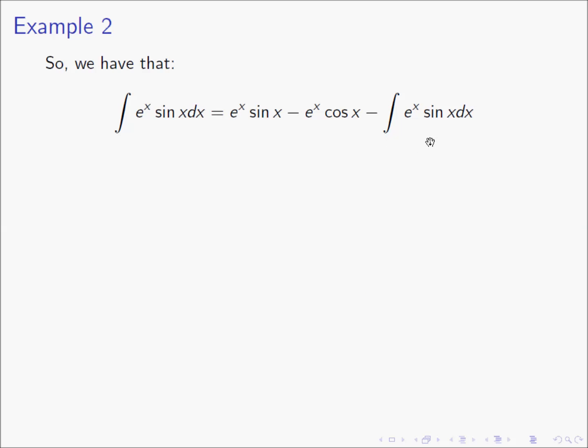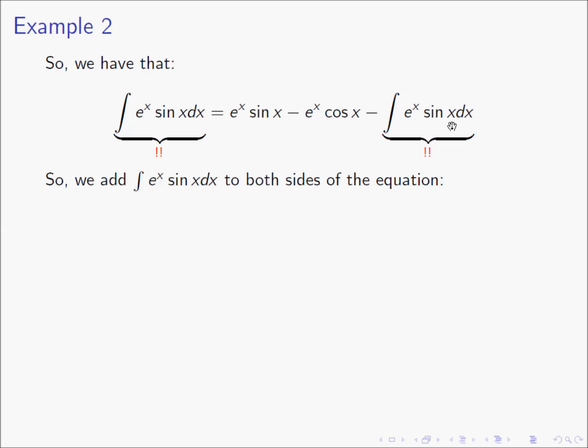Here we have another integral again, but here we can observe that these two integrals are the same integral. They are the same integral, the integral of e to the x times sine of x. So we can treat them as a number, as in algebra, and you can add this integral to both sides of the equation, because we're trying to solve for this integral. This is the integral that we want to find out.